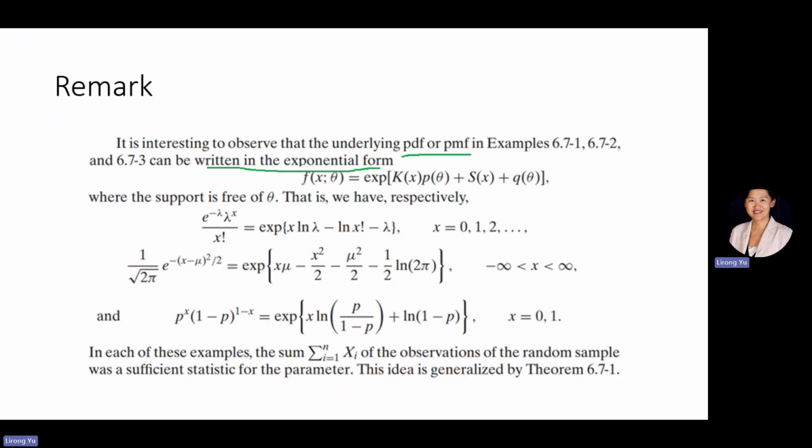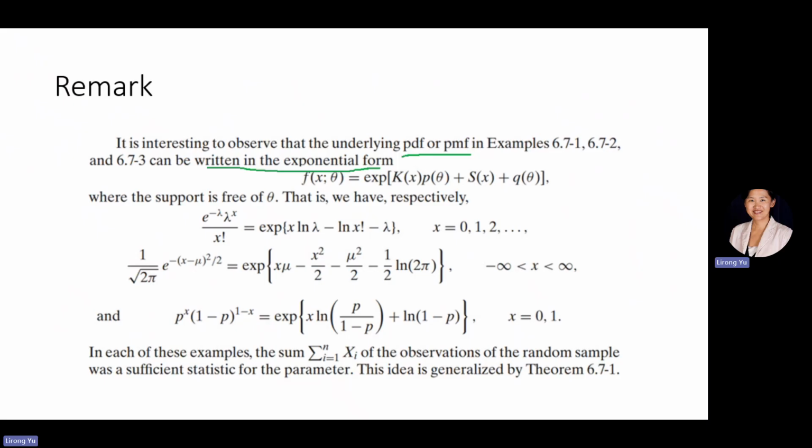So you can see we've been doing a couple of examples on how to determine a sufficient statistic. And people will ask, is there a faster way of determining the sufficient statistic depending on each individual distribution? The answer is yes. Through all these examples, we realize they have a lot of similarity.